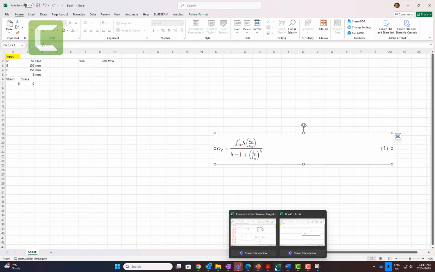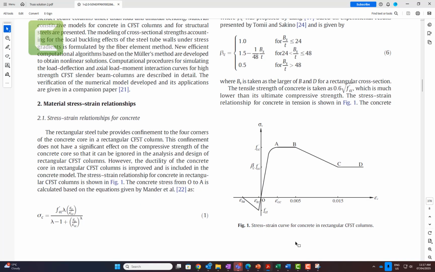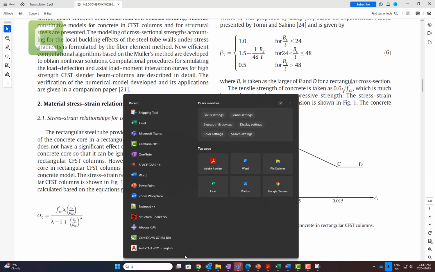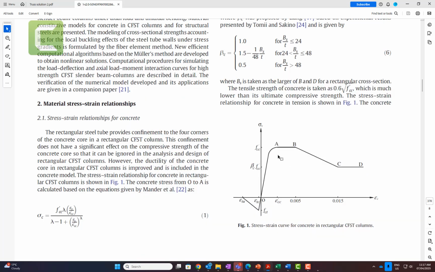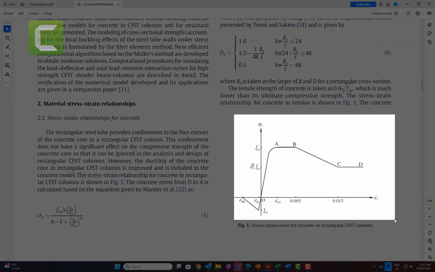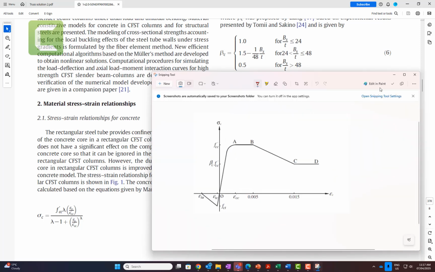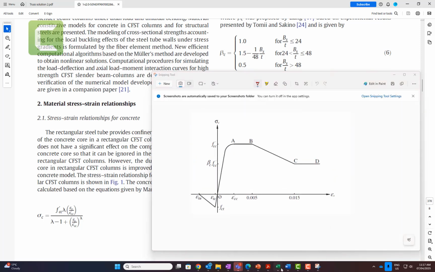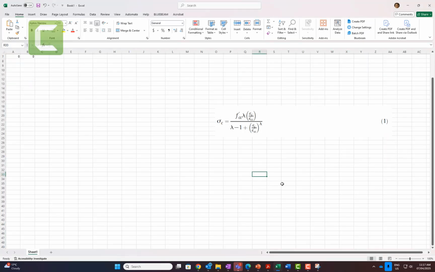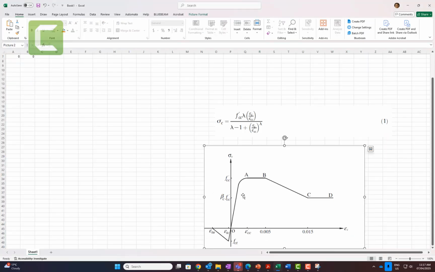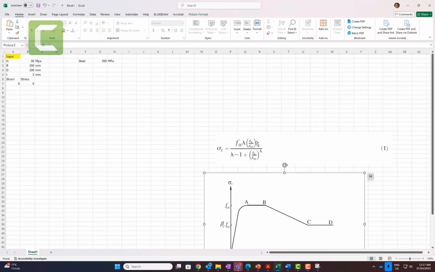If I just go and get our equations, which are these figures, let me copy them, and then we can just get these ones here. So basically from this O to A, we can use these equations. Now in those equations we need some values, which are gamma and EC.